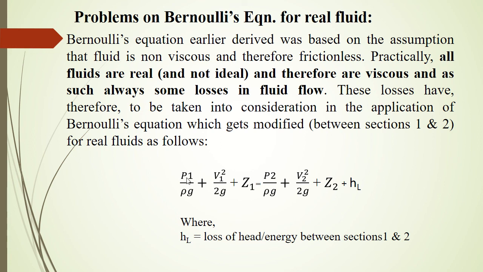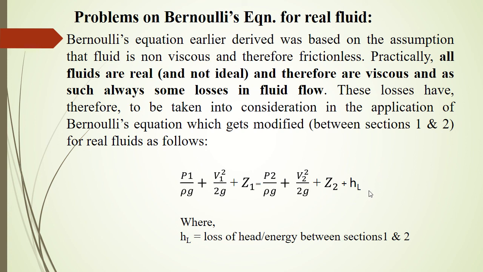That is, P1 by rho g plus V1 square by 2g plus Z1 is equal to P2 by rho g plus V2 square by 2g plus Z2, but there will be a loss of head due to many reasons.